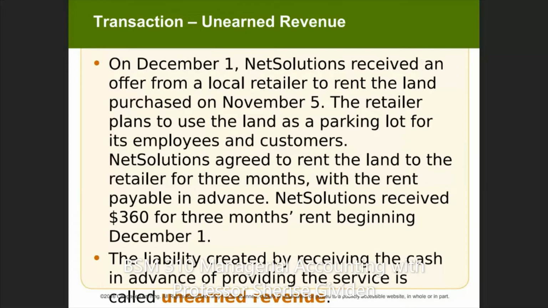Net Solutions received $360 for 3 months rent beginning December 1st. The liability that was created when they received the cash in advance is unearned revenue, because they received that cash upfront prior to earning the money. They've not yet earned it.